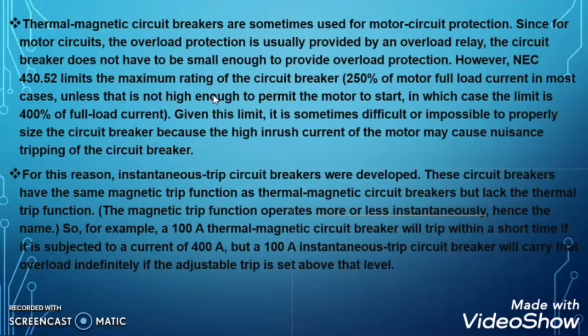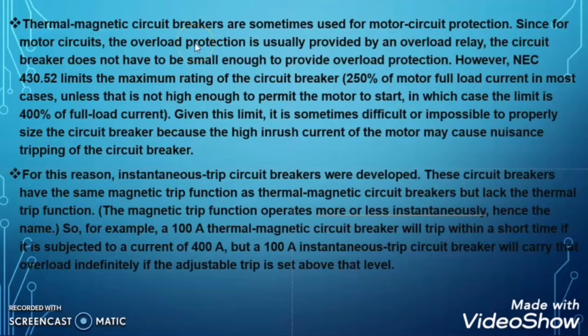To protect the motor from overload, we need to select a circuit breaker which has a rating near its full load current, because after the full load current the motor will be overloaded. But suppose this motor has a very high inrush current. Due to this, when we select a circuit breaker which will protect the motor from overload, it will trip unnecessarily due to the high inrush of current.